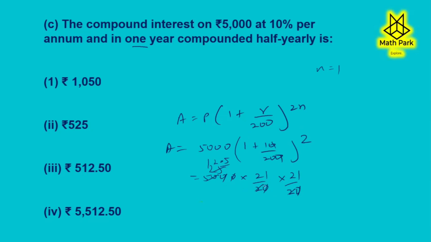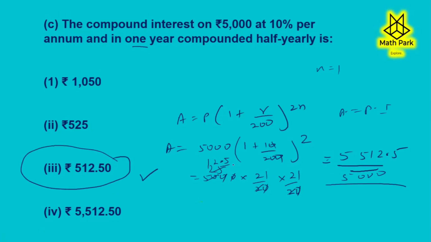Now 21 times 21 is 441 and 441 multiplied by 12.5 you get this as 5,512.5. The amount is the compound interest on 5,000 at 10% per annum in 1 year compounded half yearly. So we are asked to find the compound interest. So this is 512.50. The third option is the correct option.